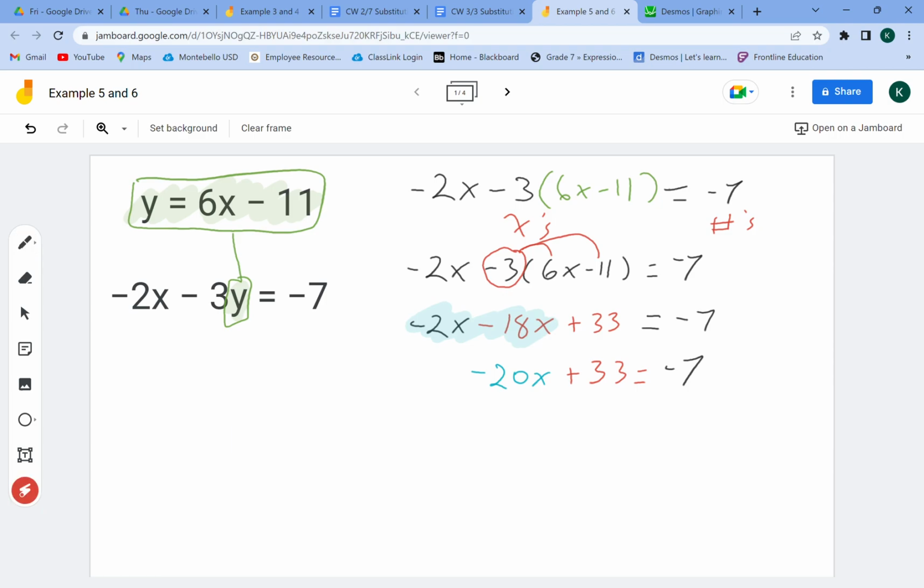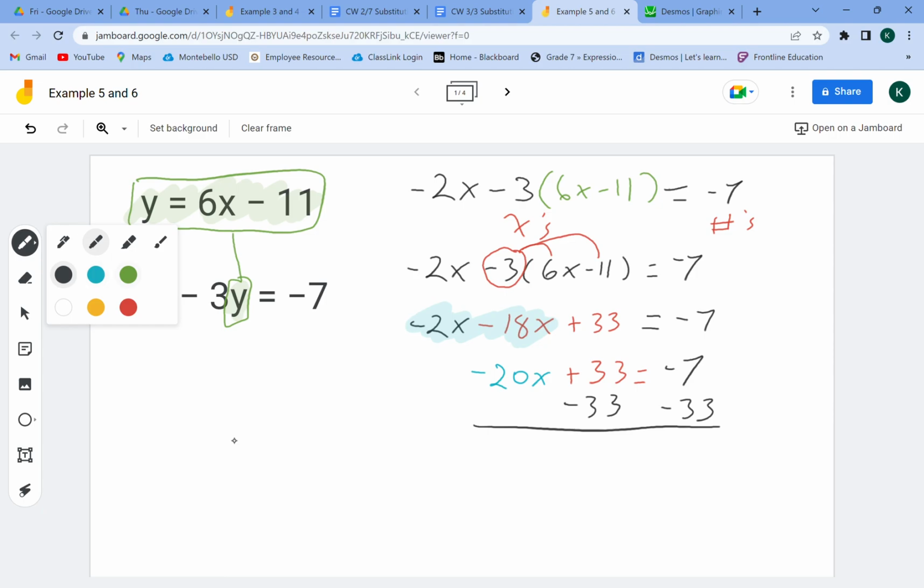Okay, and again, just a reminder, I want the x's on the left side, any constants on the right. So this is a constant and I want to move it. So I do the opposite of addition, which is subtraction. So I'm going to subtract 33 here, and whatever I do to one side, I do to the other. Okay, and when I combine these like terms over here, it makes a giant 0.